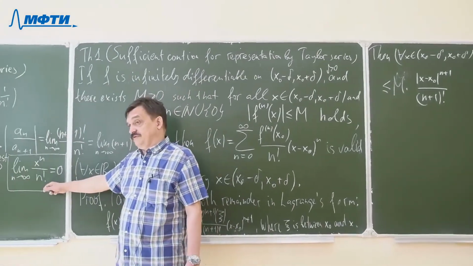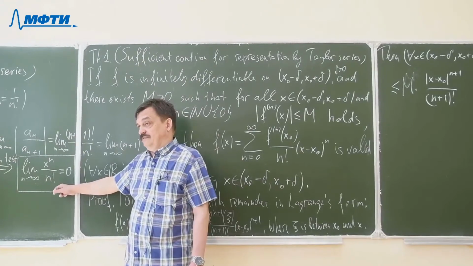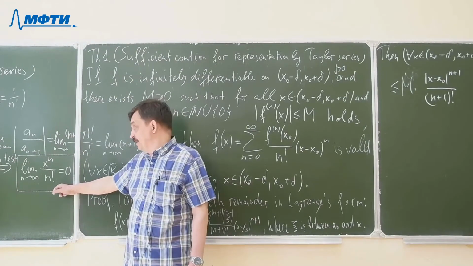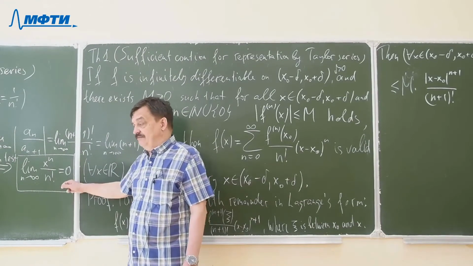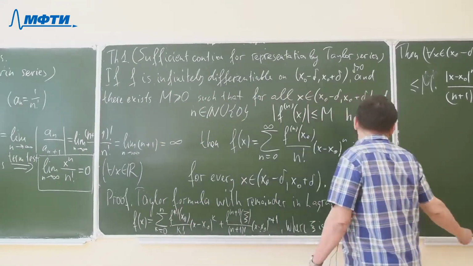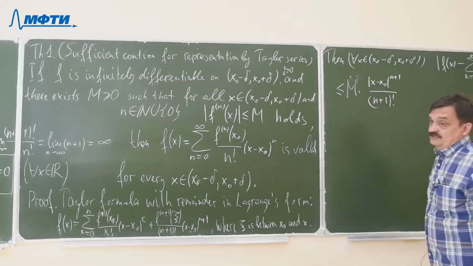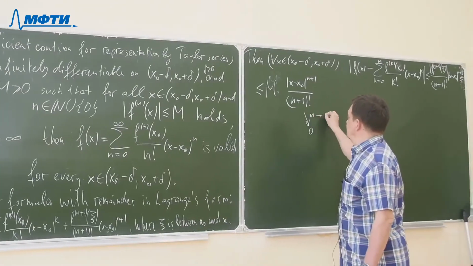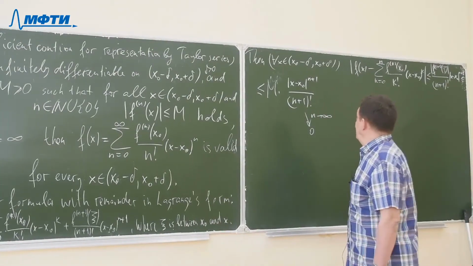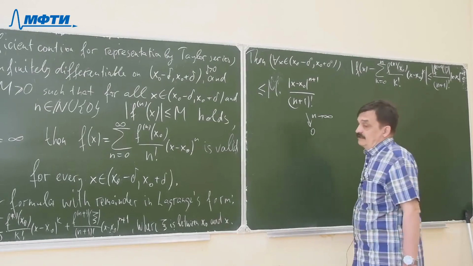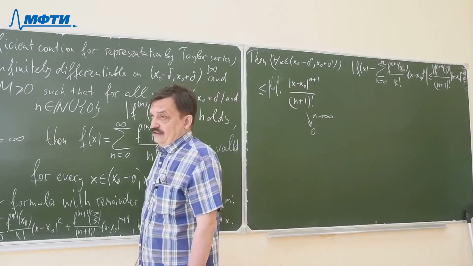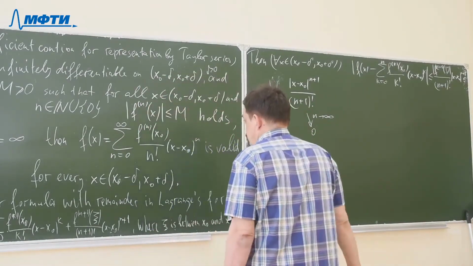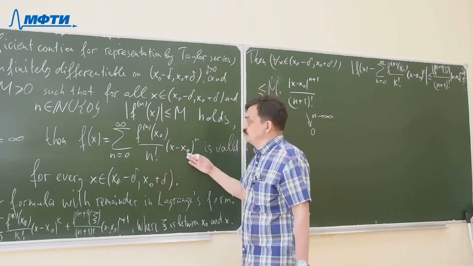The consequence of example 1 shows immediately that the right hand side tends to 0. This tends to 0 as n tends to infinity. Hence, the left hand side tends to 0 as well. And that is what we wanted to prove.